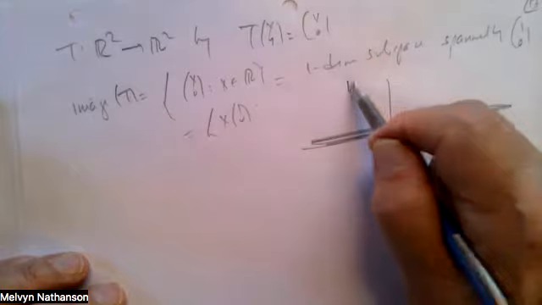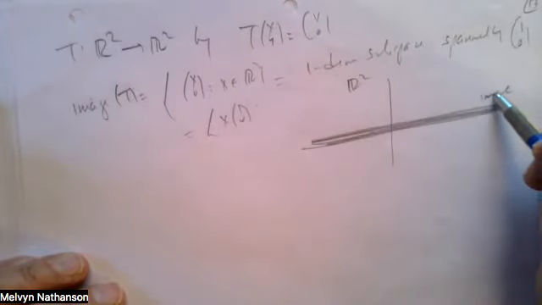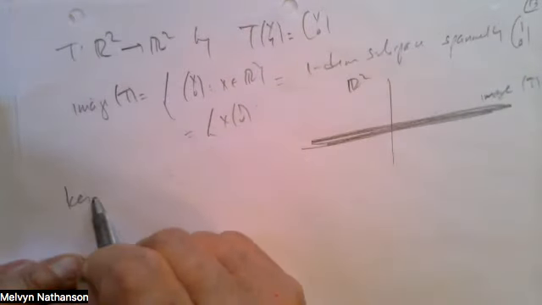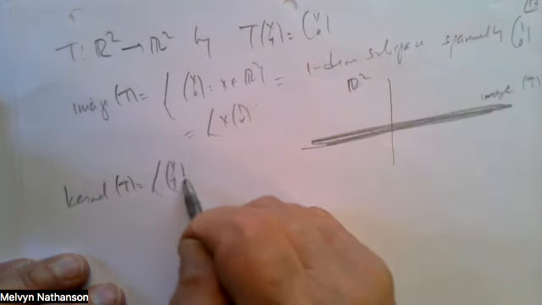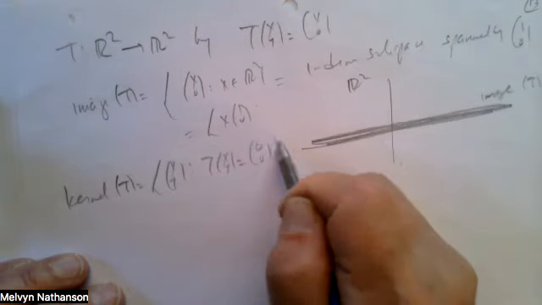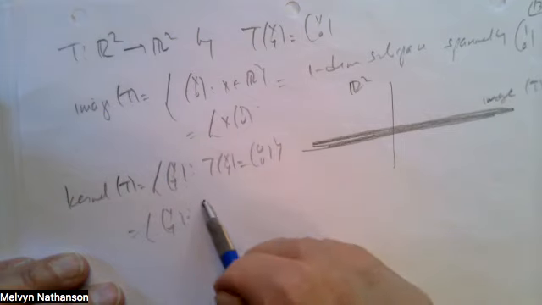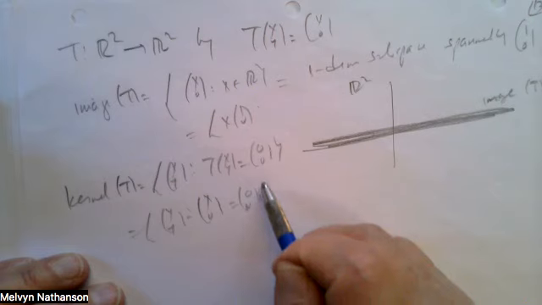So in R2, this is the image of T. It's the x-axis. And the kernel of T is all vectors (x, y) such that T of (x, y) is 0. What is T of (x, y)? (x, 0) equals 0.